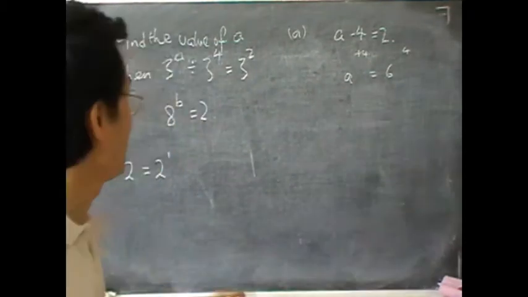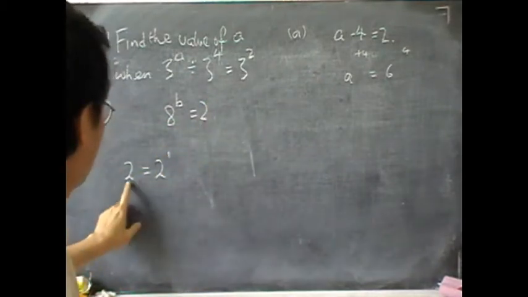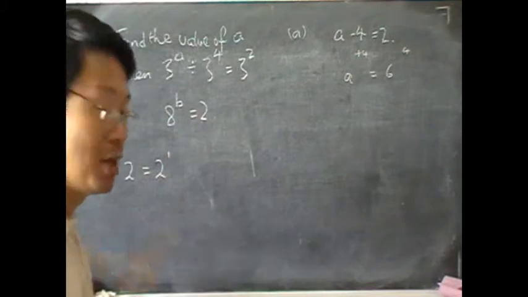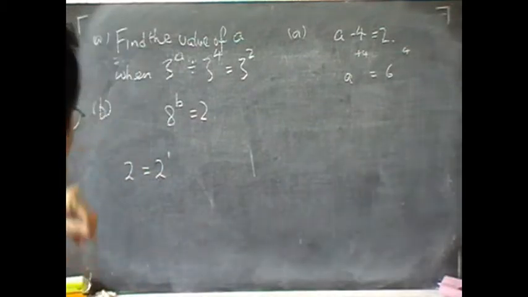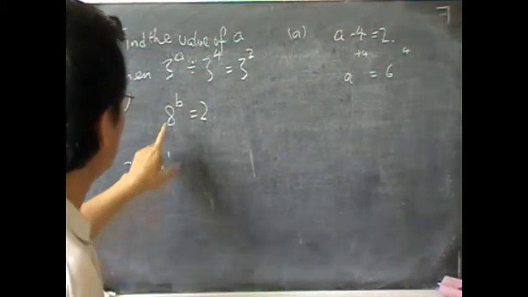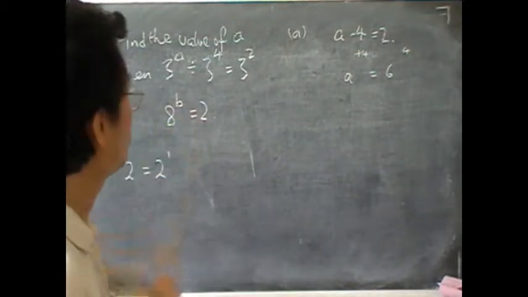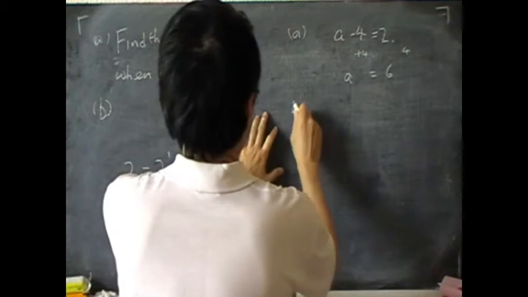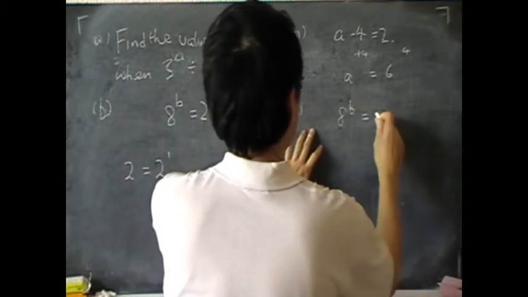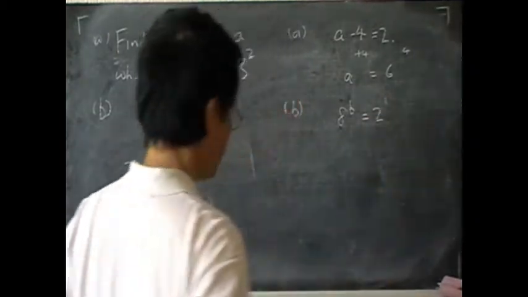Let me say that again. 2 to the power of nothing is the same as 2 to the power of 1. That means there's only one factor of 2. So that's that. So now I know that 8 to the power of b equals 2, which is equal to 2 to the power of 1.